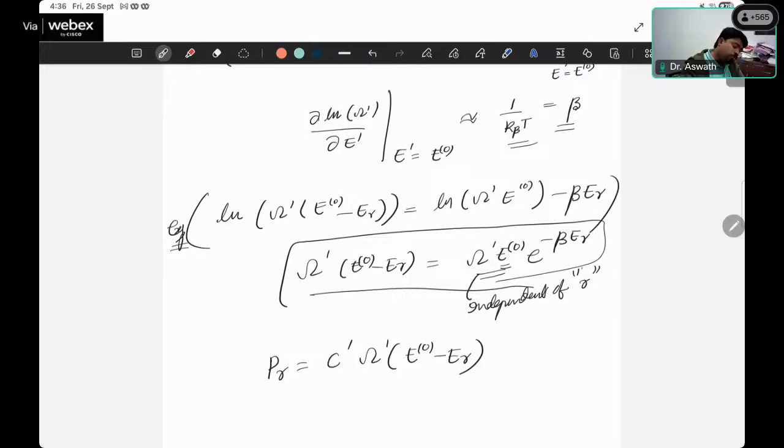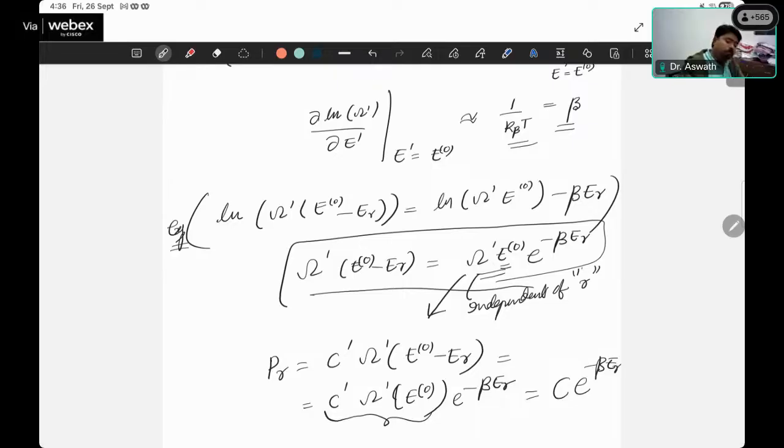Substituting, I get C prime omega prime of E of 0 times exponential of minus beta E_r. I'll capture both of them into a new constant C, times exponential of minus beta E_r.